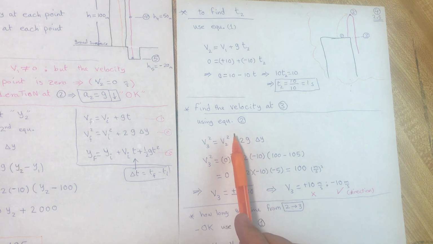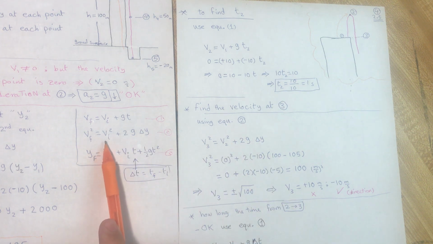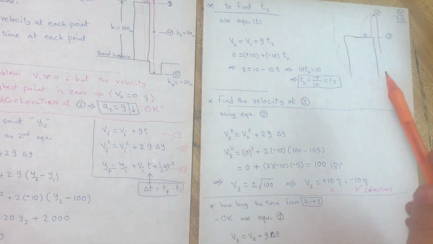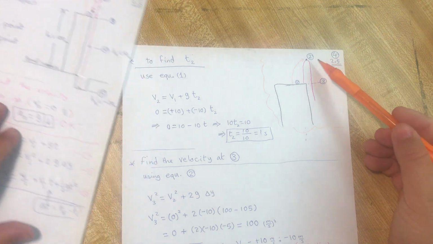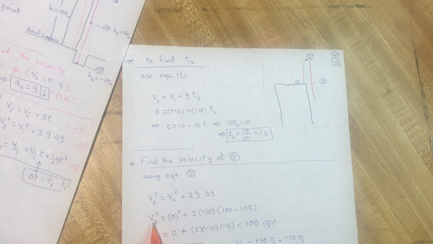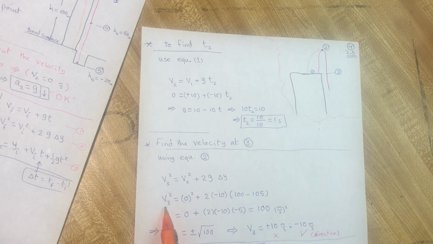Equation number 2: V final squared equals V initial squared plus 2G delta Y. V final now is V3. V initial is V2. V2 is equal to 0, if you remember that. So V3 is required to be solved.